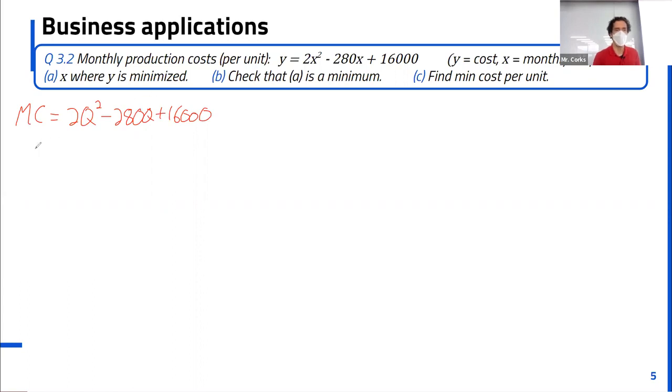And we want to minimize this, so we find our derivative, marginal cost prime, 4q minus 280. If we set this equal to 0, then 0 is equal to 4q minus 280, and q equals 70.